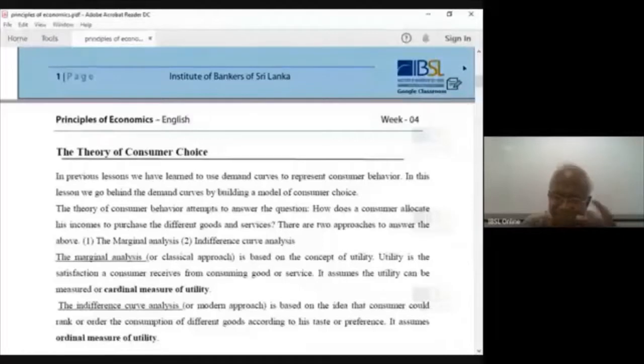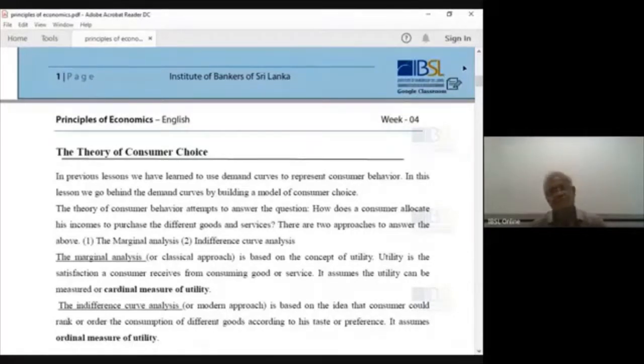What are the factors, the determinants of his decision? What factors does he mainly consider? Because your income is limited, prices you cannot control, you are a price taker. Then we have to have some rules, some model about the consumer's behavior. That's what we are going to discuss here, the theory of consumer behavior.